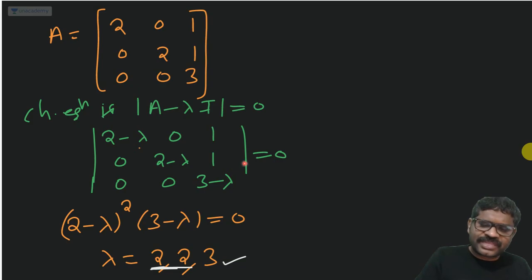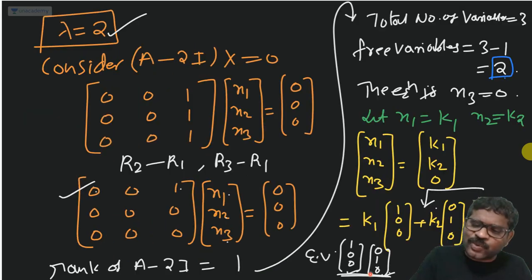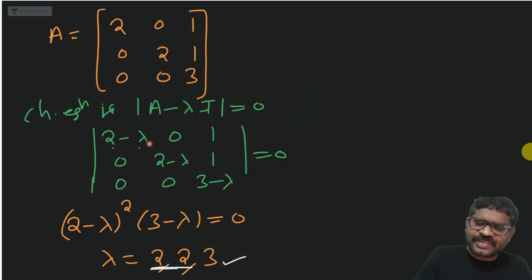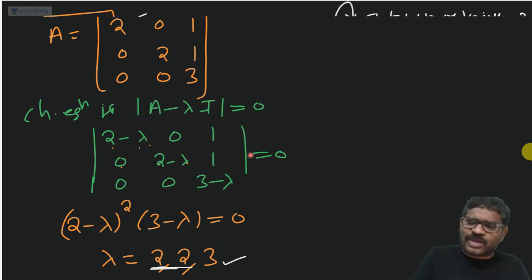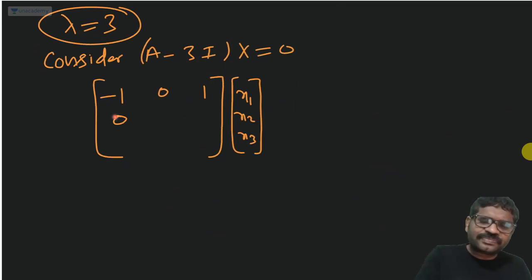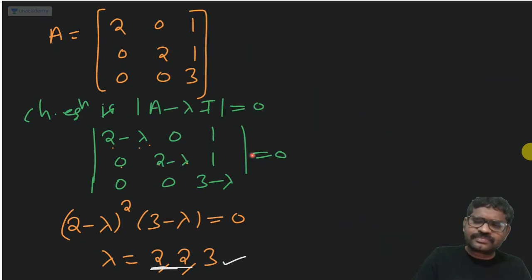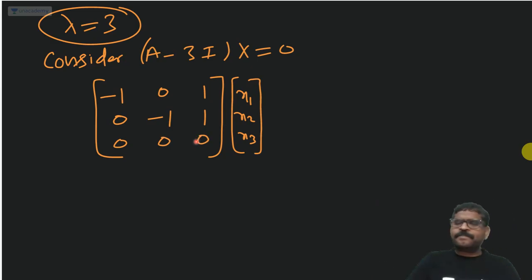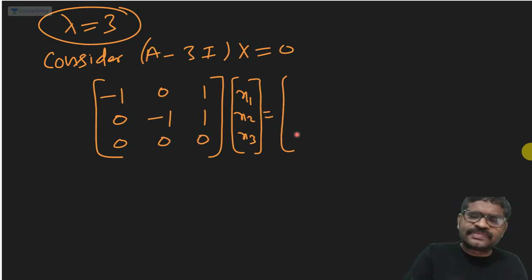What will come? 2 minus 3, minus 1, 0, 1; 0, 2 minus 3, minus 1, 1; 0, 0, 0. That is 0, 0, 0.